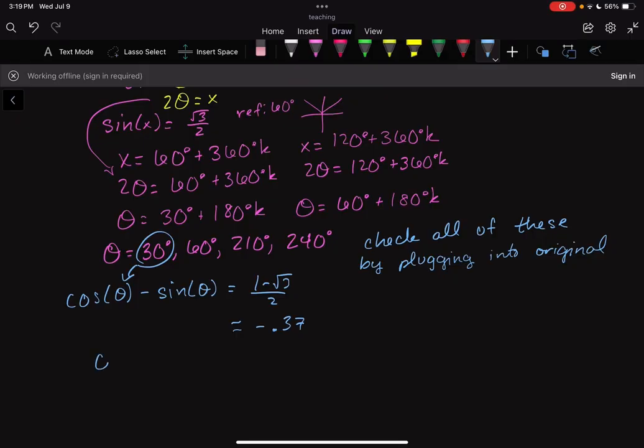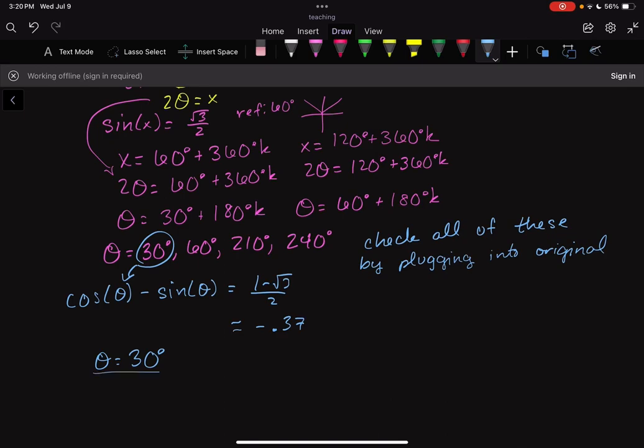So let's see. I'm going to go ahead and check 30 degrees first. Cosine of 30 is going to give me 0.8 minus sine of 30 is going to give me 0.36. Okay, here's the problem.